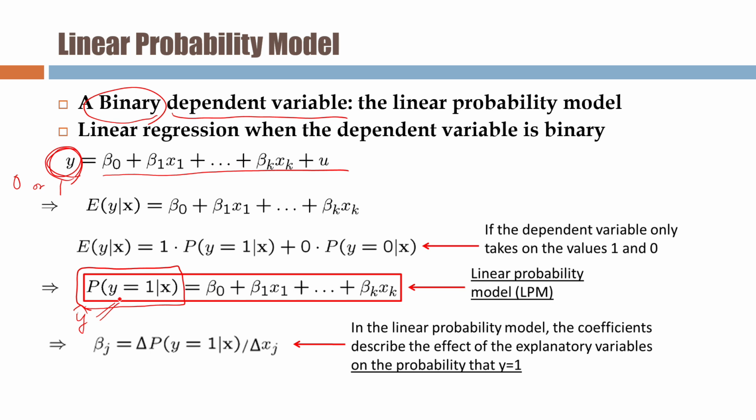I will not dig into this here because there are quite a lot of problems here, and that's why people created another regression. So we will use logistic regression, which we will cover in the second part of this class.